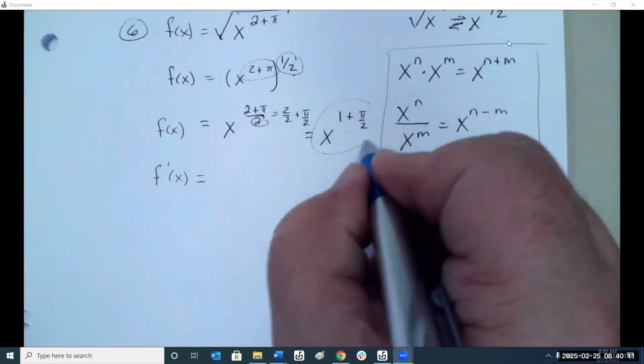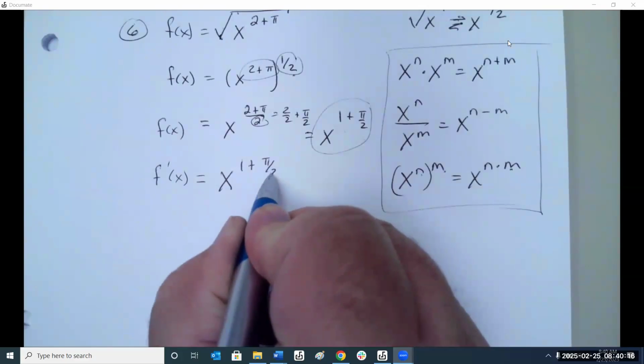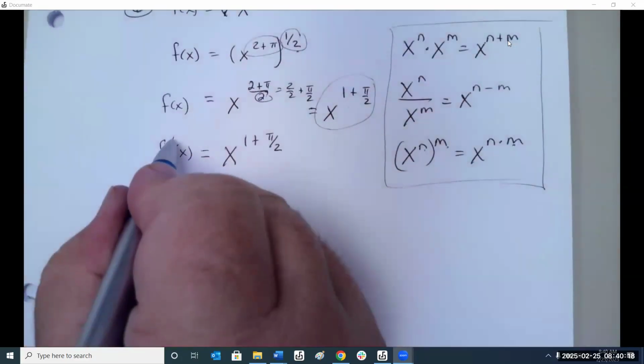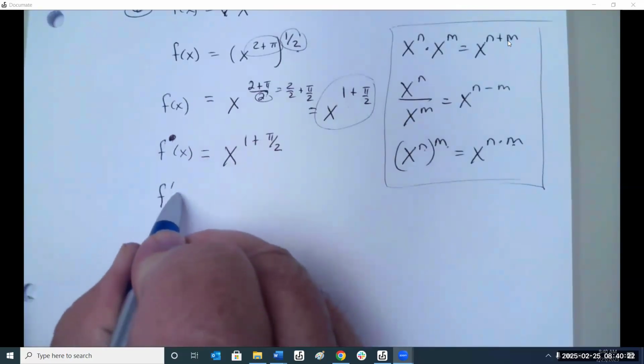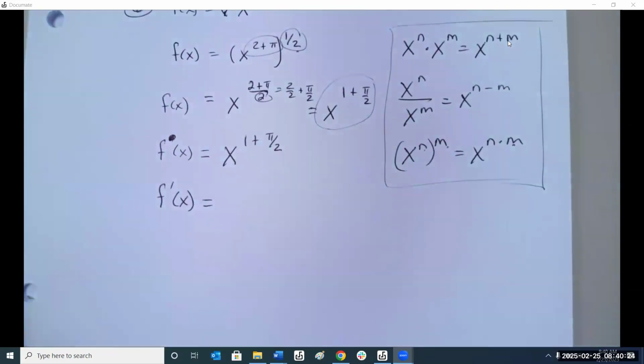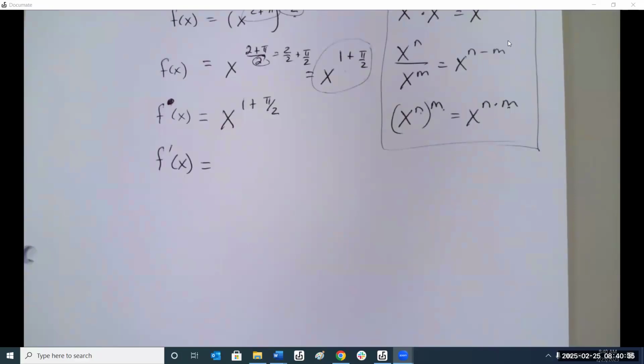Let's look at this one. The reason I would do this one, how do I find the derivative of this? What are the steps of finding the derivative? So I really thought these shortcuts would be easier for you. What does the power rule tell us to do?